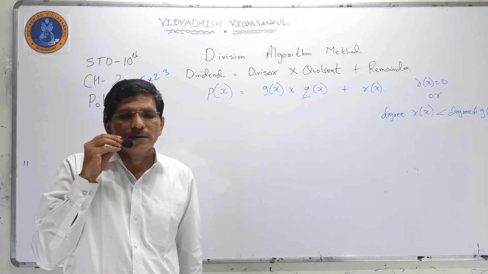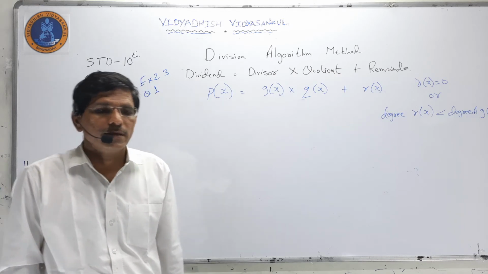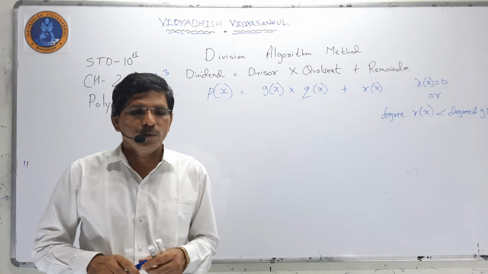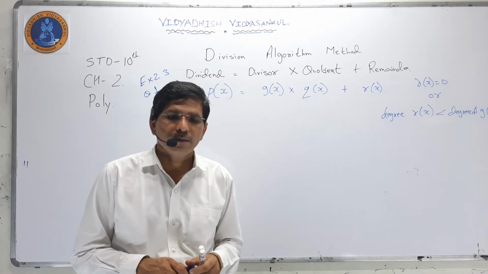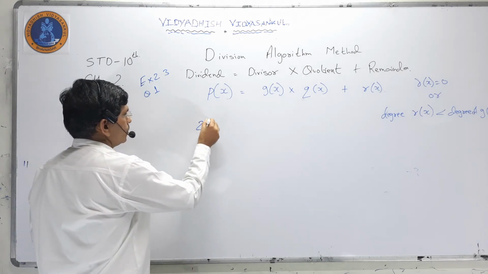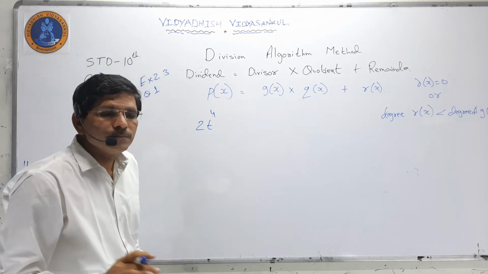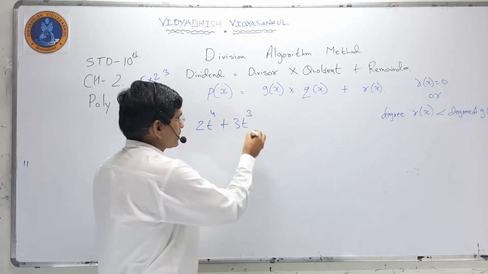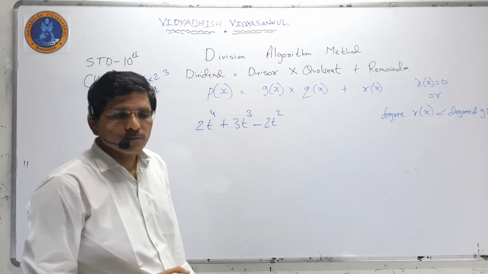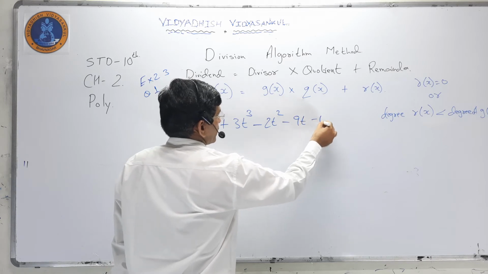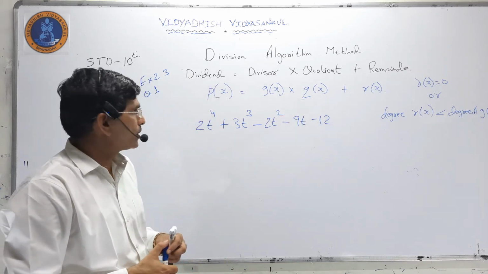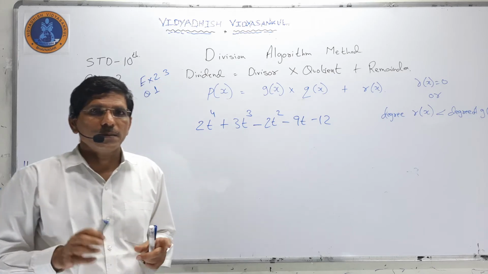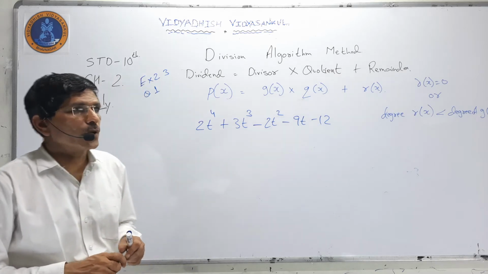So t square minus 3 and 2t to the power 4 plus 3t cube minus 2t square minus 9t minus 12. So 2t to the power 4 plus 3t cube minus 2t square minus 9t minus 12, now divided by t square minus 3.